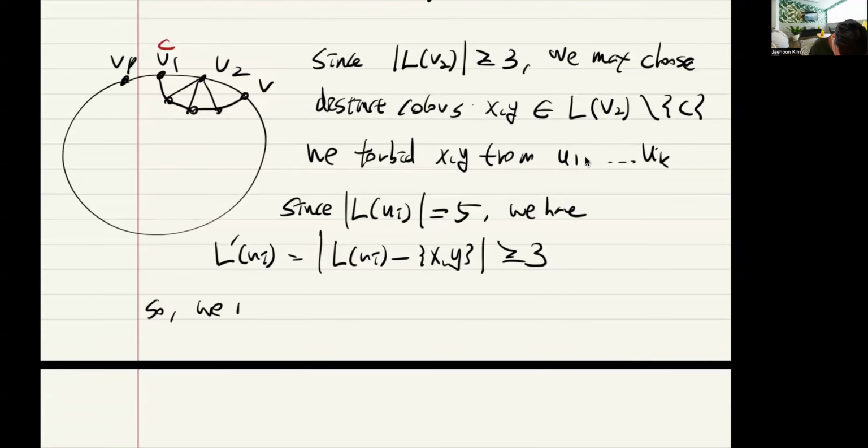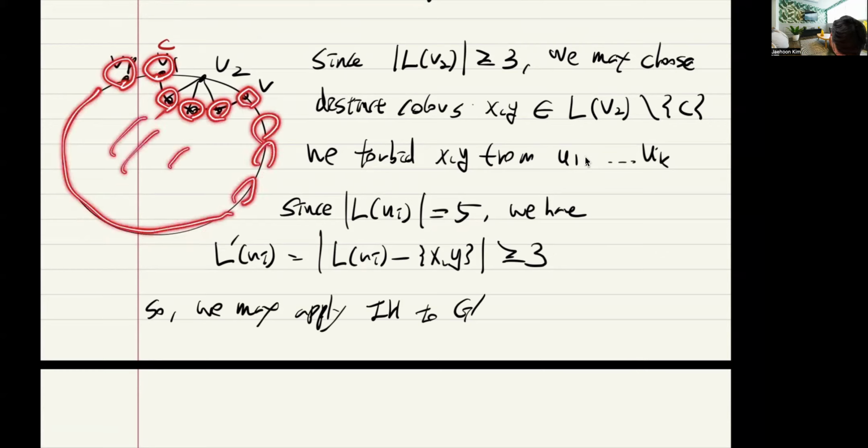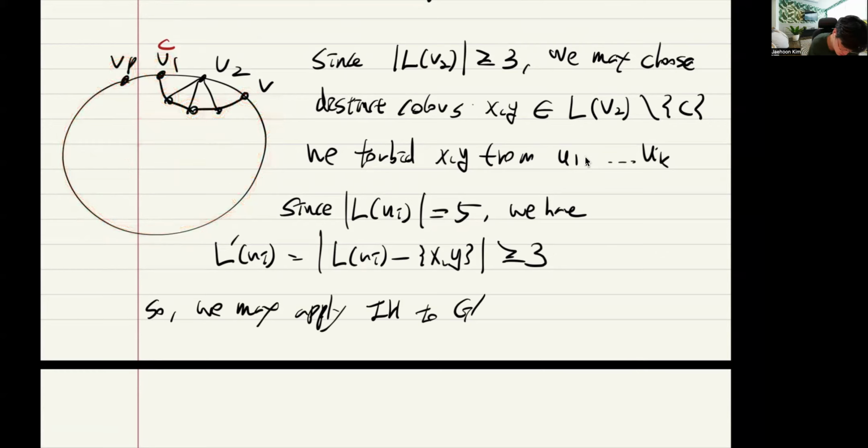So we may apply the induction hypothesis to this G prime. Now what? This has a list of size 1, this has a list of size 1, this has size 3, 3, 3, 3, 3, 3, 3, everything 3 here, and inside is still a list of size 5. So that's exactly the situation where we can apply the induction hypothesis. So apply the induction hypothesis to G prime.